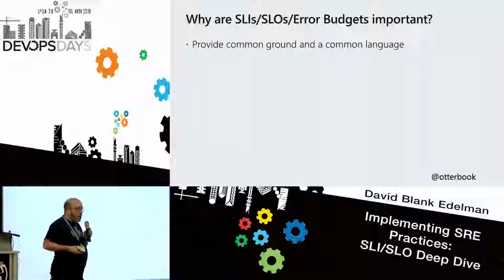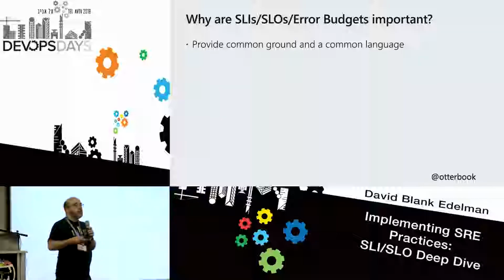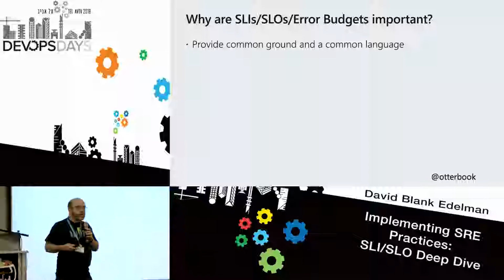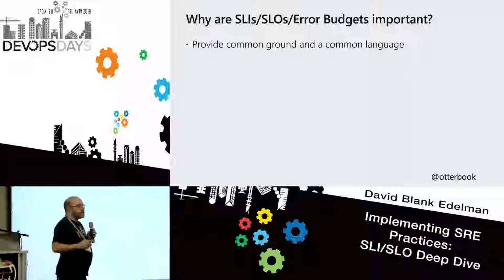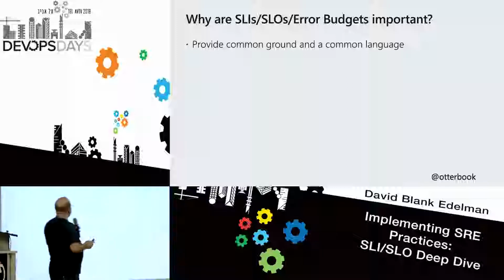We can all say, oh, I see, this is how we're measuring reliability. Oh, I see, we haven't been that reliable, or we have. There's no arguments about this. There's no need to translate. Developers understand it, stakeholders understand it, all the VPs understand it. You're speaking the same language. And this is tremendously useful. Though those of us who know about the Tower of Babel know it's not always that useful.